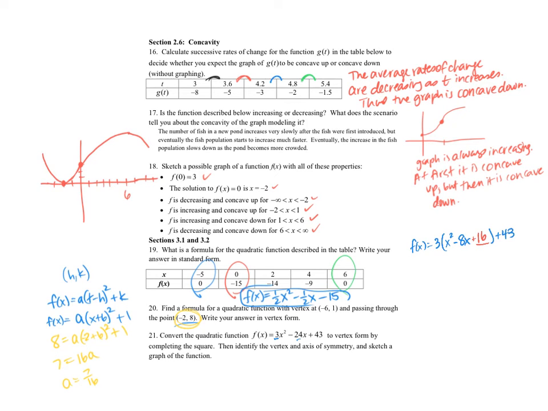But I can't just add 16 out of the blue. I have to also subtract it off because I need to add 0 in a creative way. But that's not just a 16, it's a 16 times 3, right, because I've added that 16 inside of those parentheses that's being multiplied by 3. So when I subtract it, I need to subtract off the 3 times 16. And 3 times 16 is 48.